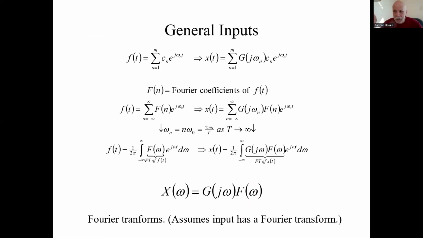From there, we can generalize even more. I'm not going to go through this derivation in any detail. But again, because it's a linear system, the output of a linear combination of a bunch of inputs is the same linear combination of all the outputs to those same individual inputs.